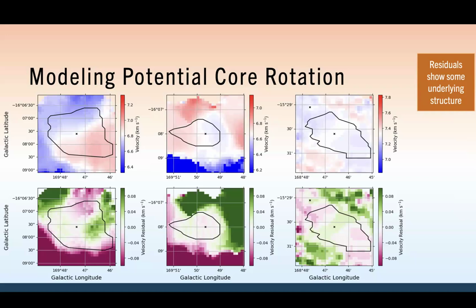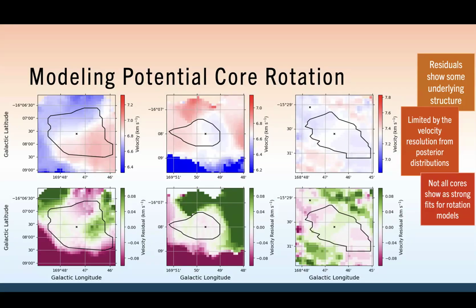But what we can do is fit a plane to each of these in position-velocity space, and then remove that to look at the residual in the underlying structure, which is shown here in pink and green. So we are limited by the velocity resolution of the posterior distributions, which is at 0.02 meters per second.